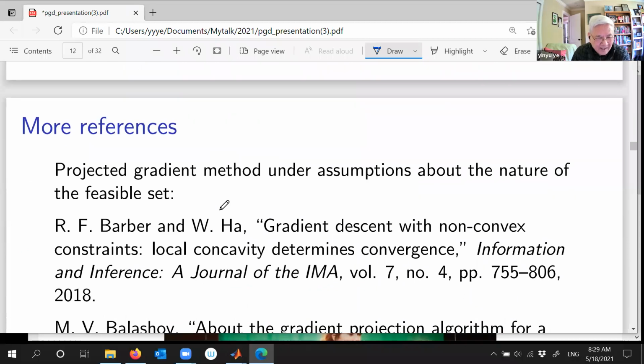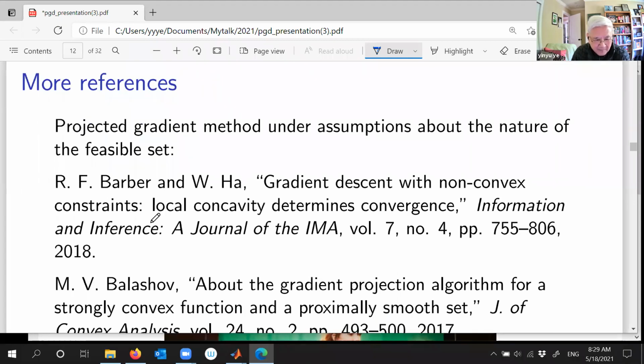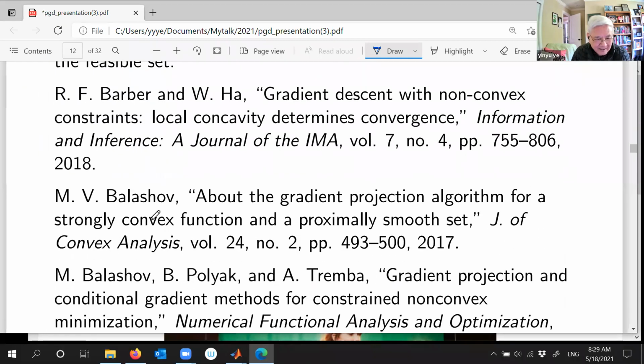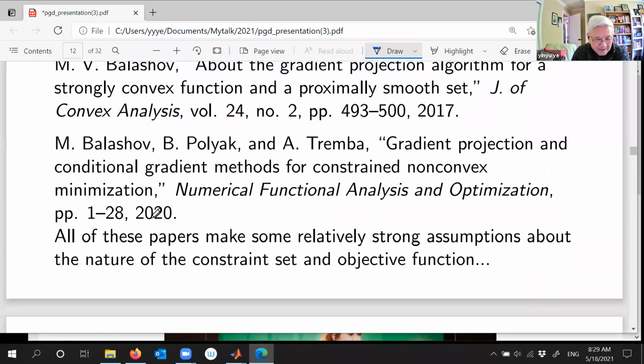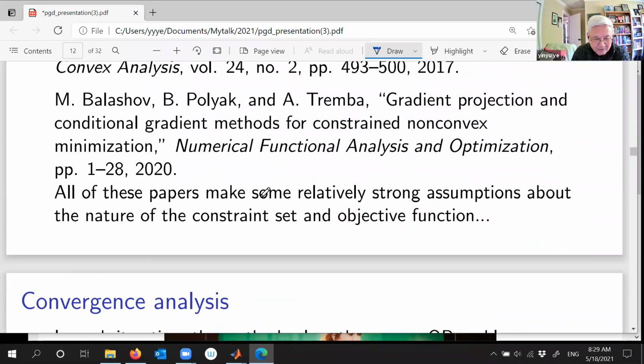More recent references also deal with non-convex objective functions and non-convex constraint sets. They have some papers recently, but most of these papers make relatively strong assumptions about the nature of the constraint set and objective function in order to give some kind of convergence or convergence rate, sometimes even linear convergence.